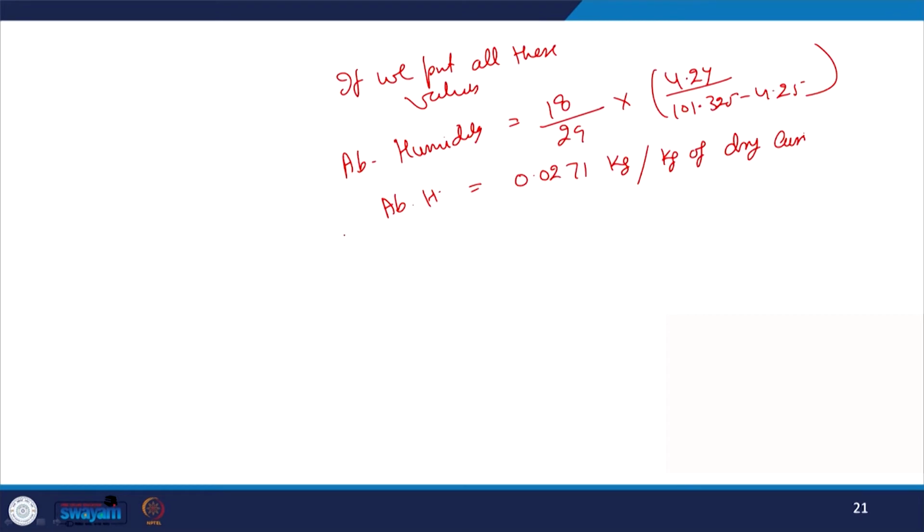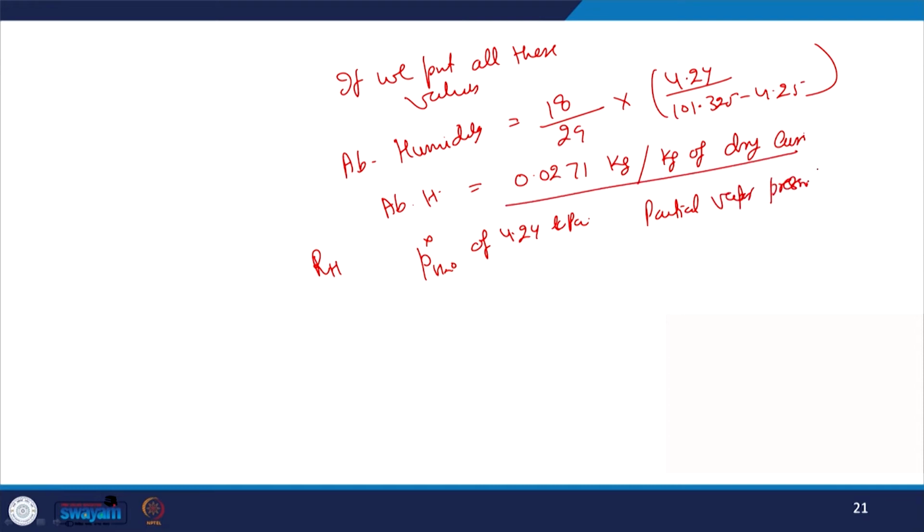Now for the calculation of relative humidity, RH: the saturation vapor pressure, P star H2O, is 4.24 kilopascal and the partial vapor pressure, PH2O, is given as 2.5 kilopascal at 30 degrees Celsius.